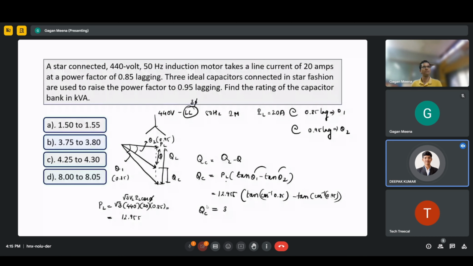Sir, 3.76. It's around 3.7677. So this is the overall three-phase kVA rating of the capacitor.